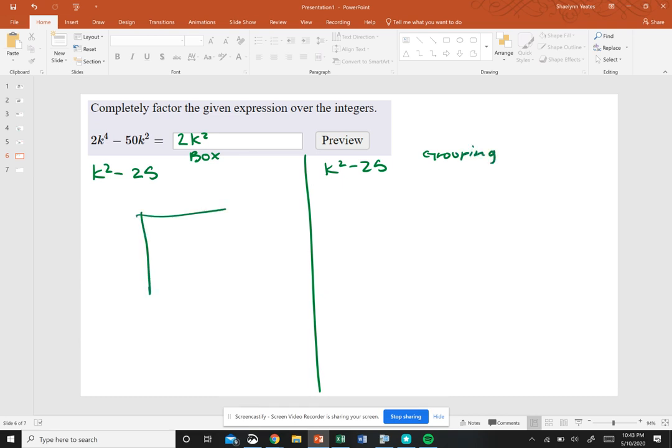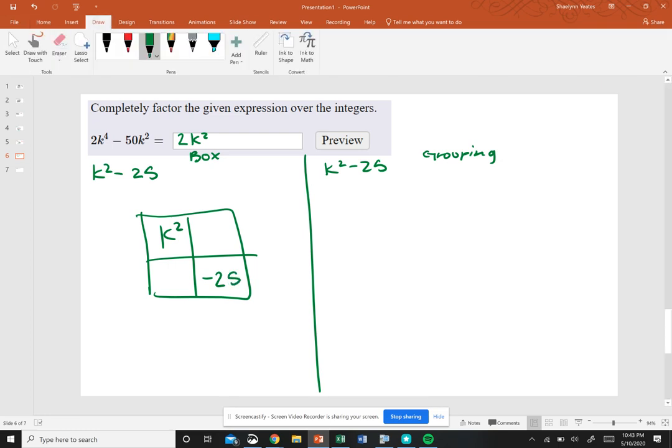So in box method, my squared term goes in the upper left box, and then my term with no variable goes down in the bottom right. Okay, and then I have to multiply the first and last term together, which is fairly easy. Right now, that'd be negative 25k squared. Because it's negative, this actually makes my life easy. The middle thing here is a plus 0k.